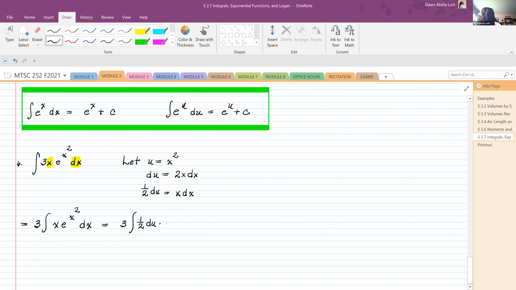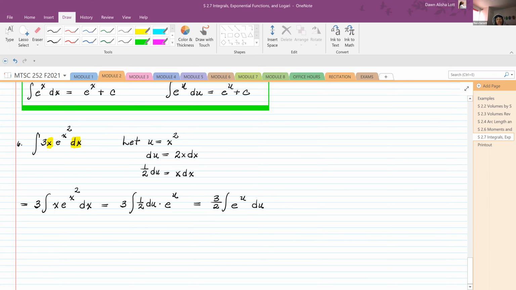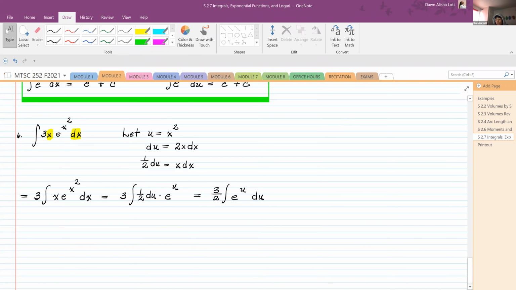You have e to the u. Good. Now let's write it like we know we should. 3/2, the integral, which would just be 3/2 times e to the u, plus a constant. That's a constant.